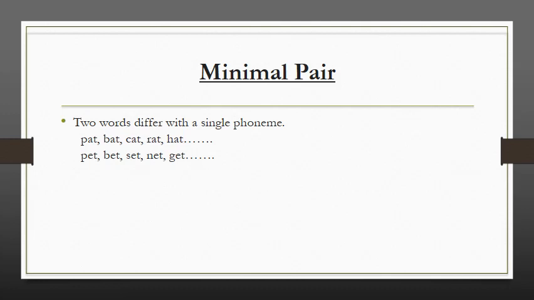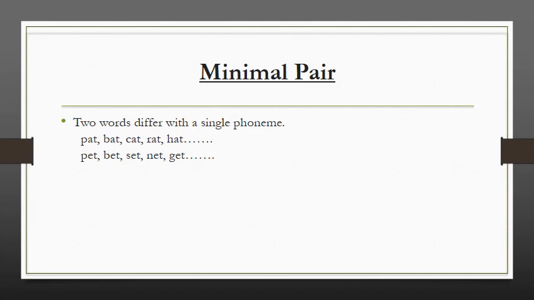If we look at the words from top to bottom in a column, we see that pat and pet is also a pair. Why is it a minimal pair? Because in both these words only a single vowel is replaced by another one. Same is the case with bat and bet, cat and set, rat and hat, net and get.